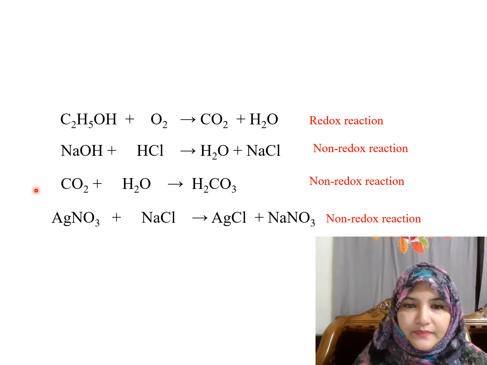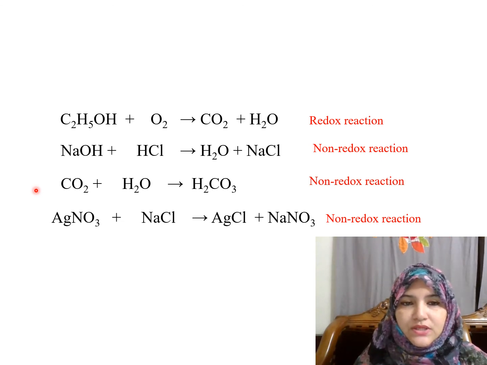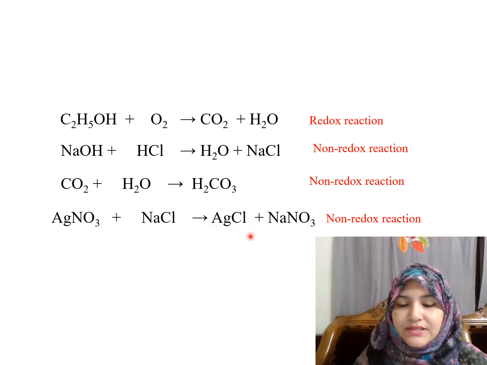And now the last one is a double displacement reaction. Silver nitrate reacts with sodium chloride and produces insoluble silver chloride, which settles at the bottom of the container, and soluble sodium nitrate solution.